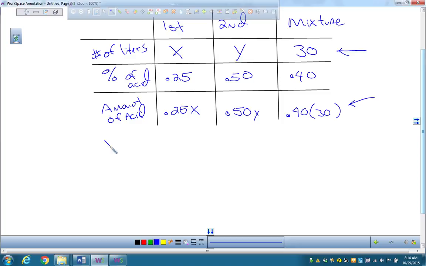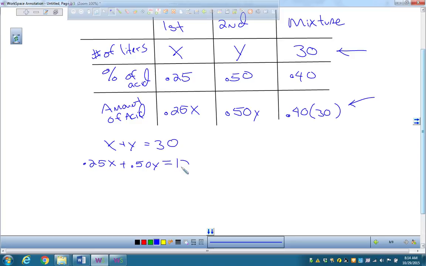So here's my two equations. Let's just do one where we can solve by substitution, because it might work out a little bit better. So 0.25x plus 0.50y equals, who can tell me what 0.4 times 30 is? Comes out even, I think, 12.